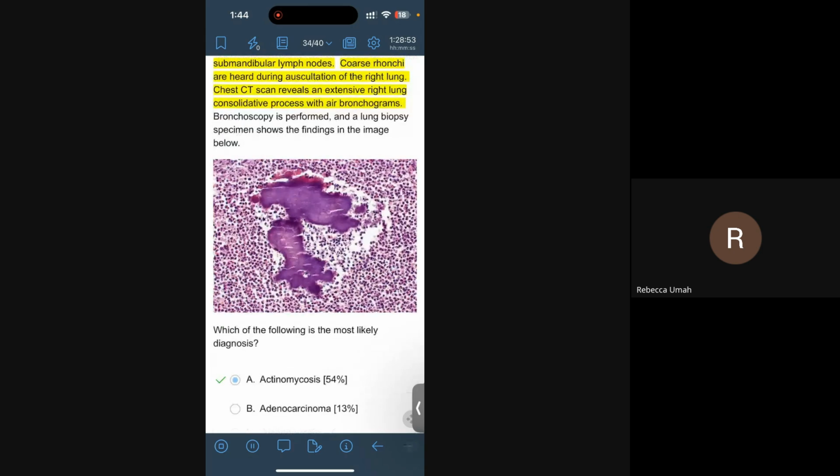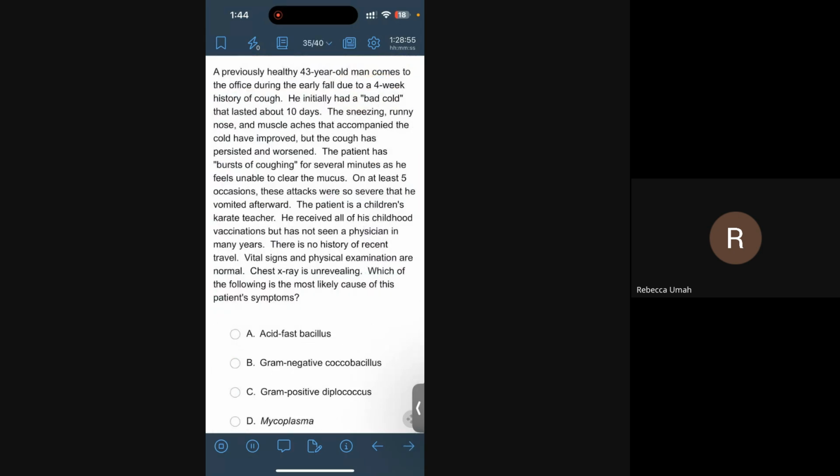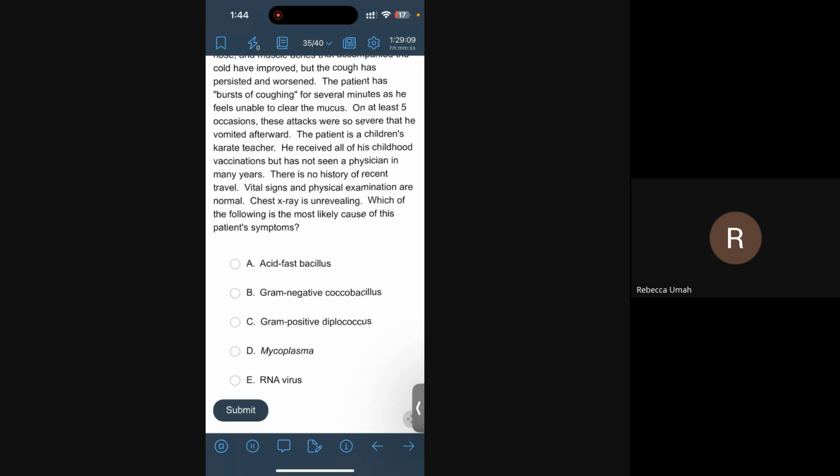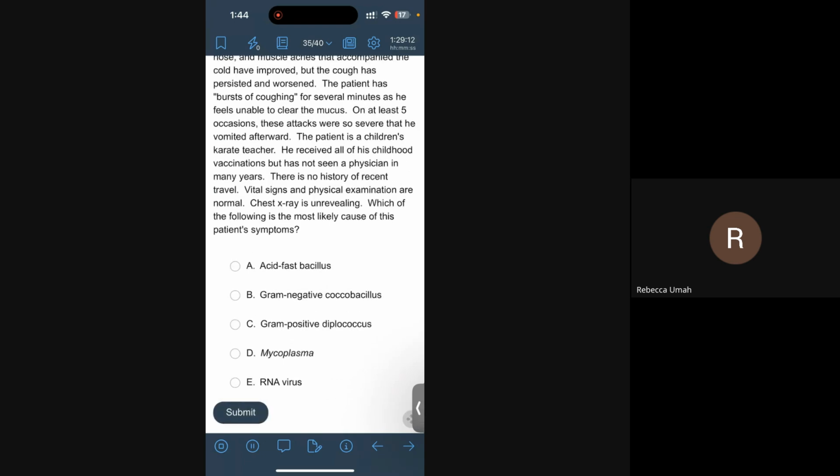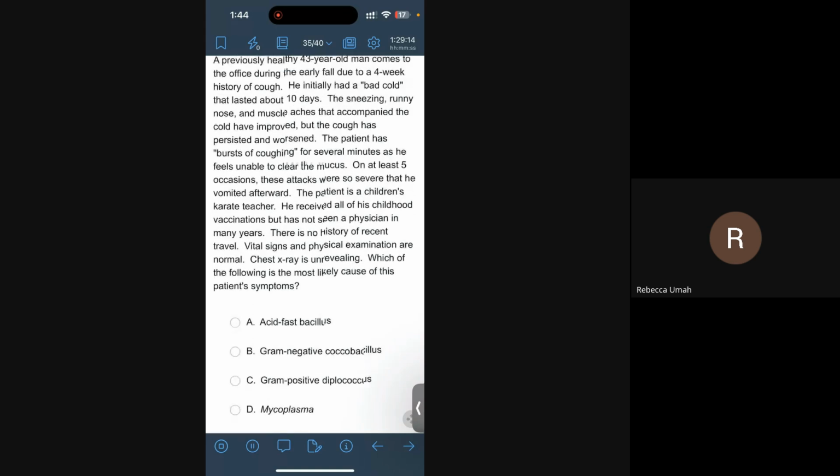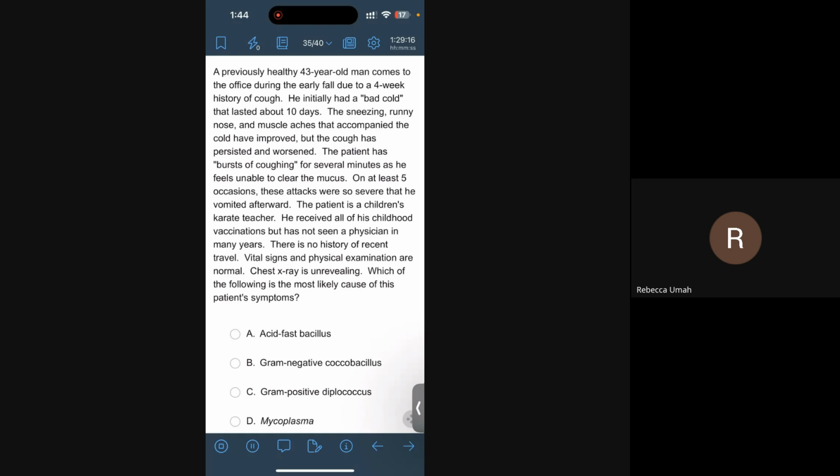Let's move on to the next one. Which of the following is the most likely cause of this patient's symptoms? Bursts of coughing. The patient comes with a 4-week history of a bad cold that lasted about 10 days.